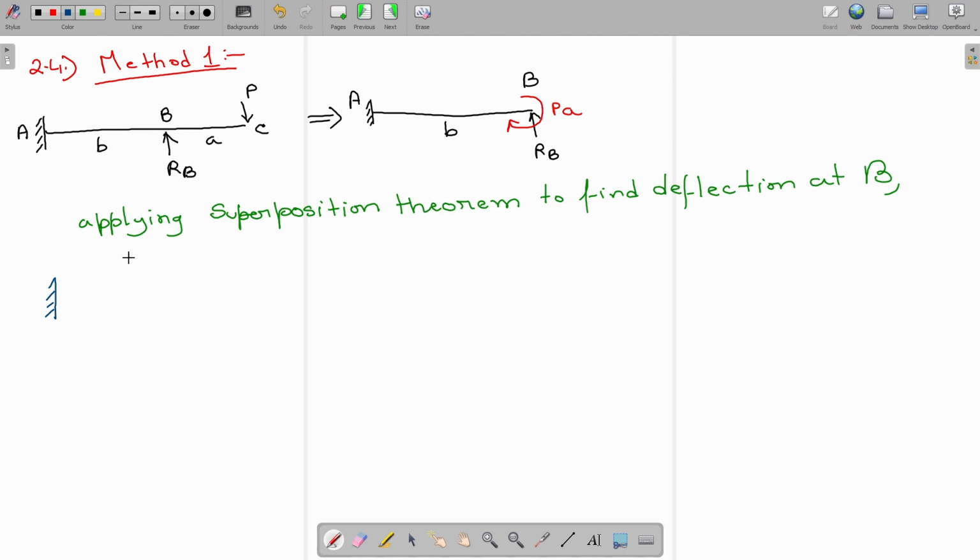Say for the first part, we are going to just draw the beam and apply the moment PA, only the moment.